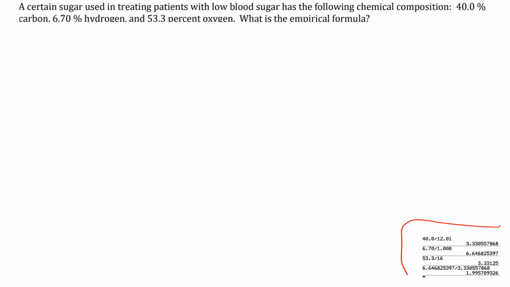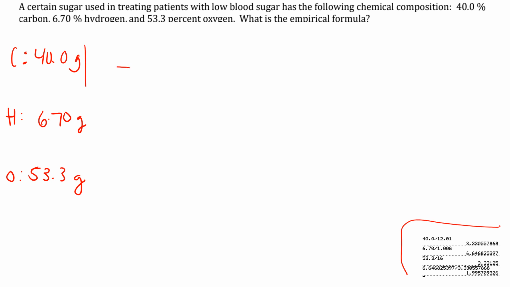So we have carbon. So 40%, we'll assume it's 40 grams. Hydrogen, 6.70 grams. Oxygen, 53.3 grams. You divide by the molar mass because you're converting grams to moles.